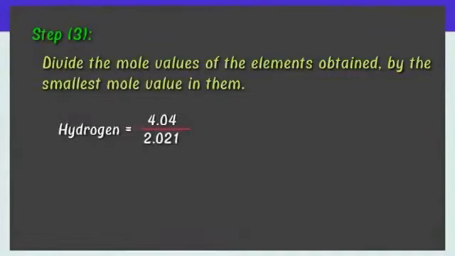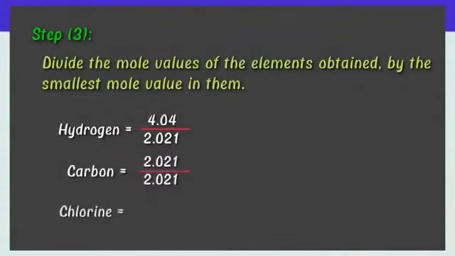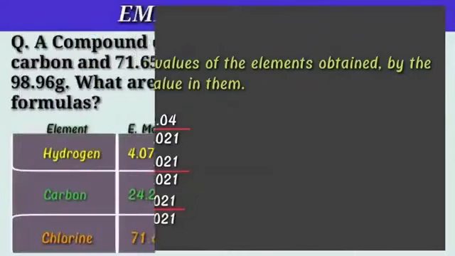For hydrogen, 4.04 divided by 2.021. For carbon, 2.021 divided by 2.021. And then do the same thing for chlorine, 2.021 divided by 2.021. And we shall get our ratio as 2 to 1 to 1.